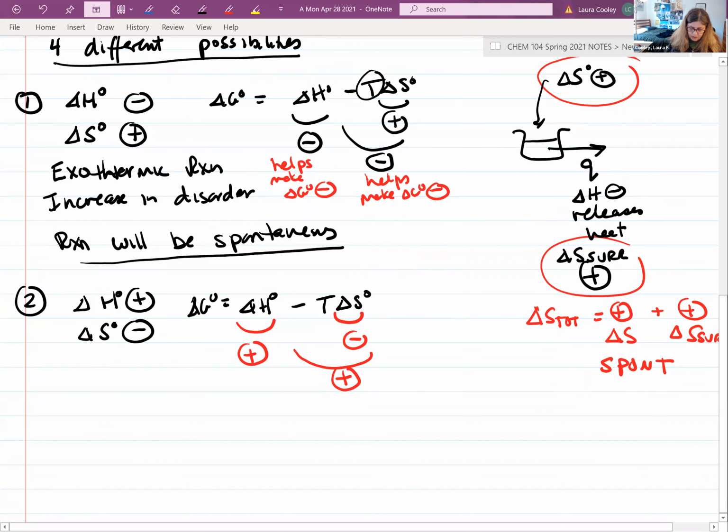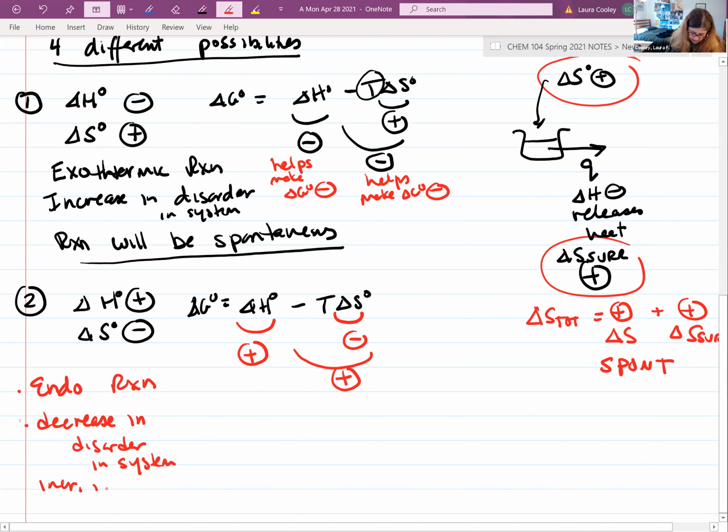So now we have an endothermic reaction where we have a decrease in disorder in the system, so an increase in order. What happens is that delta G0 is positive.